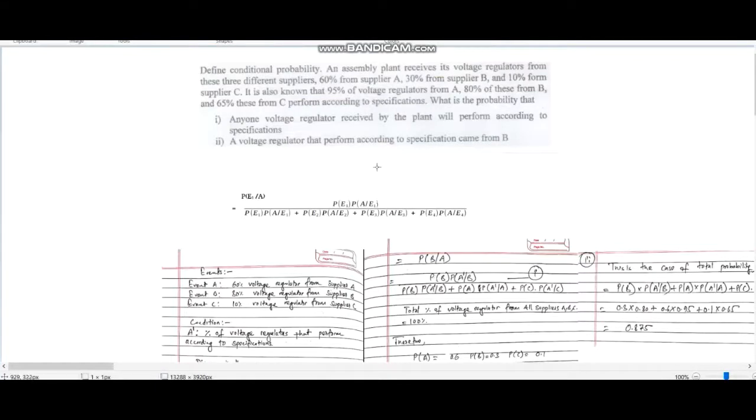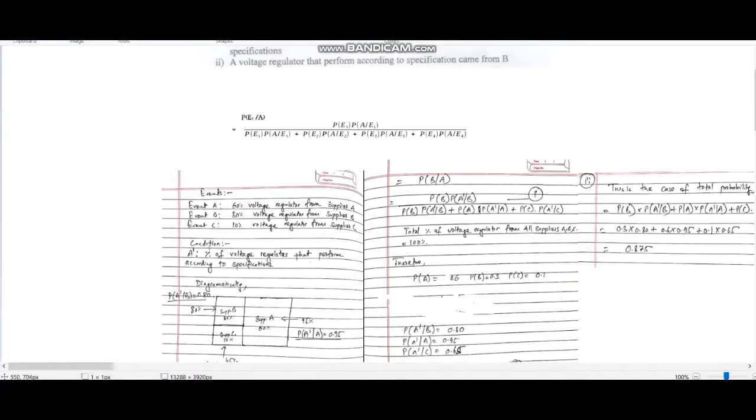That condition will be that the voltage regulator will perform according to the specifications. You can see here the universal condition, that the percentage of voltage regulators that perform according to the specifications. So this is the condition A dash. I missed the A and the dash here.